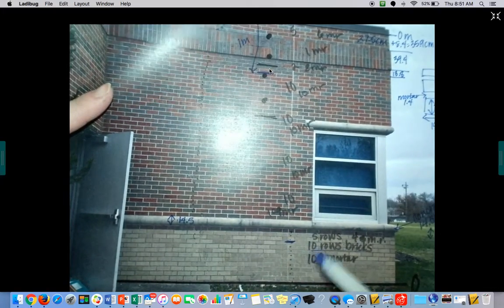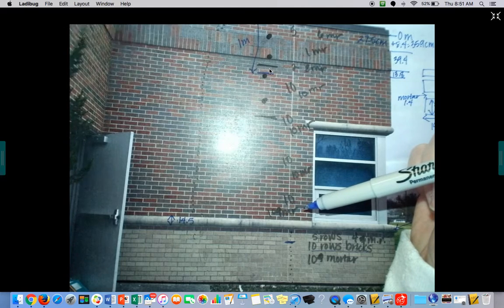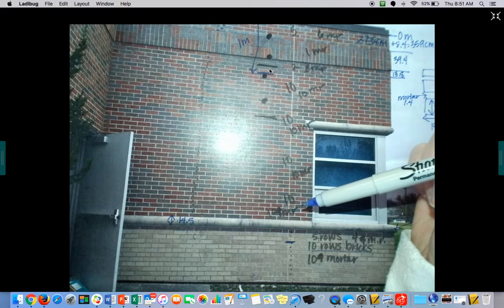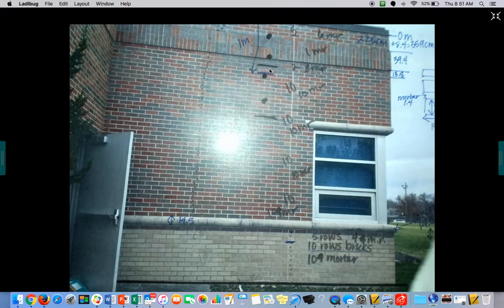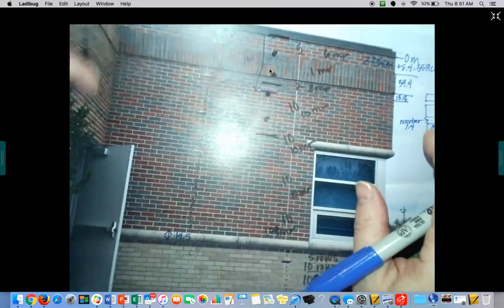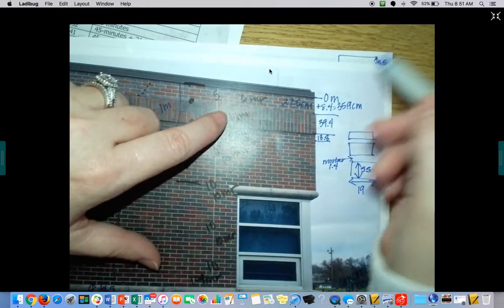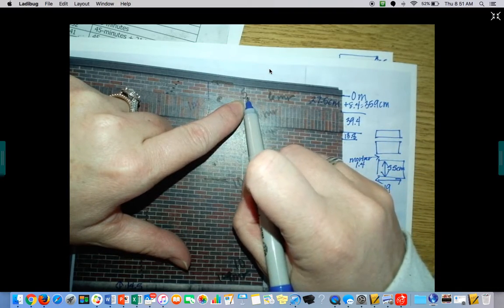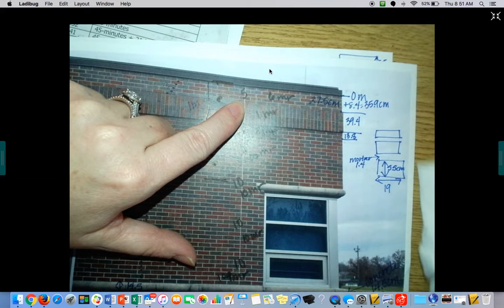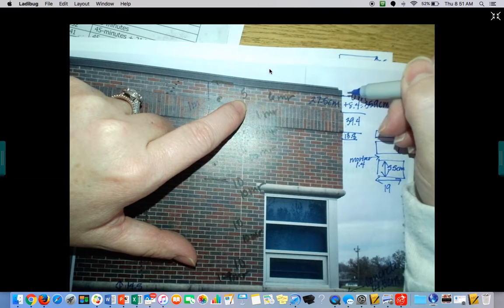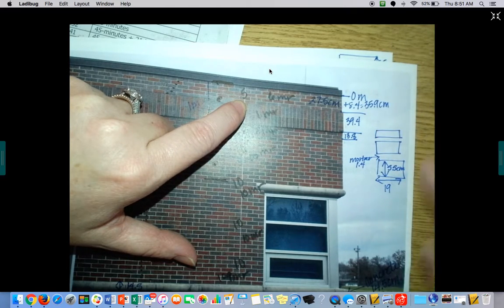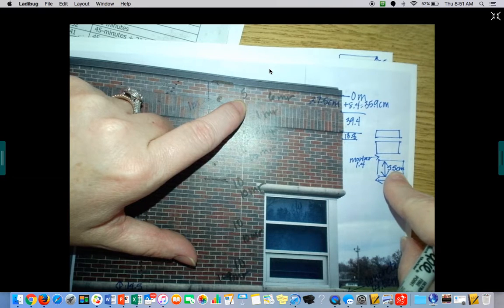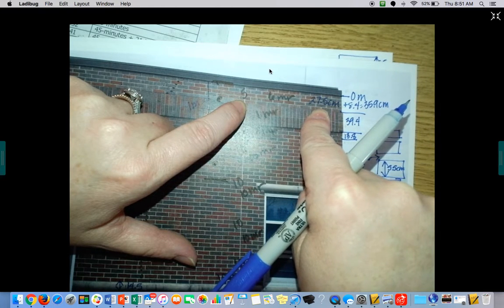So I would just count, and then this big section here, I divided it up by 10. So how many rows of bricks and how many rows of mortar. Then what I did, as you can see, up here in blue, I started with 5 bricks. If each brick is 5.5 centimeters tall, 5 rows of bricks times the height of that brick gave me 27.5.